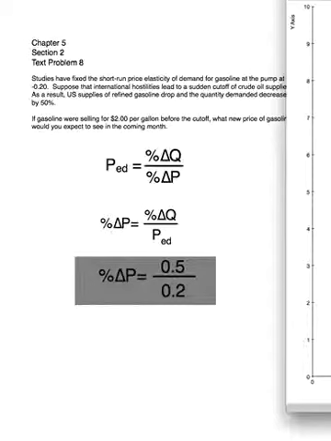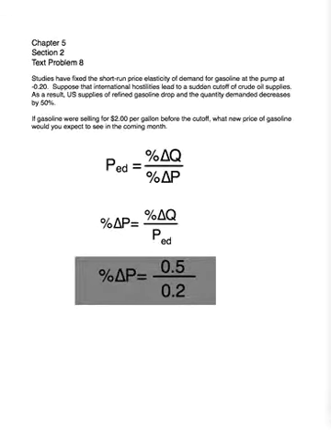So we just take 0.5, which is the given change in the quantity. We move that out of the way. And we divide by the price elasticity of demand, which is equal to 0.2. And as my econ lab said, you could treat the price elasticity of demand as a positive number.